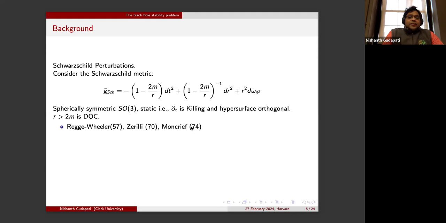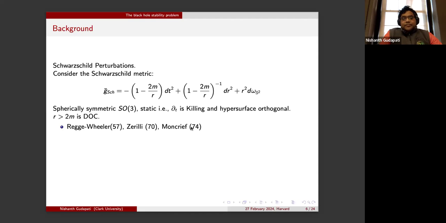The first results in that direction were due to Regge-Wheeler and Zerilli, who considered the perturbations of the Schwarzschild spacetime and decomposed them mode by mode, in terms of even and odd tensor harmonics, spherical harmonics.